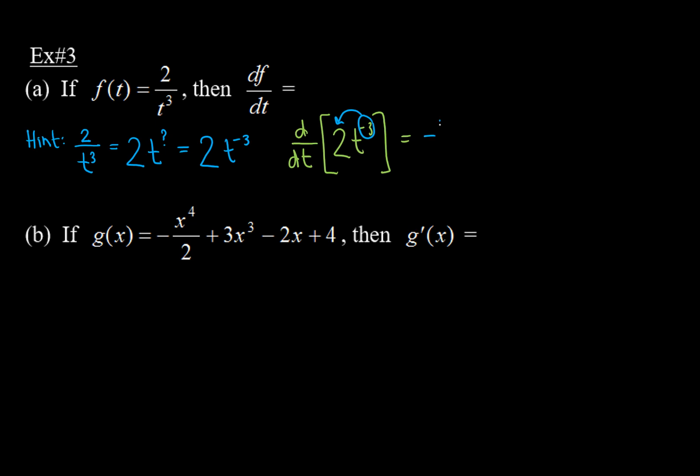So I'm going to have negative 6. And then I keep the t. And instead of writing it as to the negative third, I'm going to take it as the negative 3 minus 1, because I always subtract 1 from the power. And then I'm going to get negative 6 times t to the negative 4. And then my last step is to write it as a fraction again.